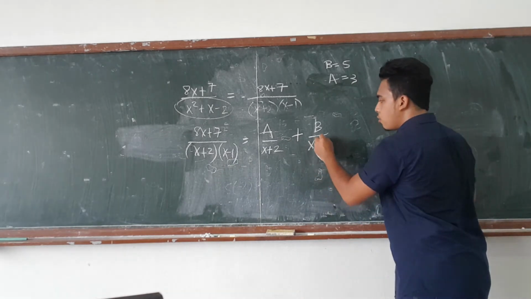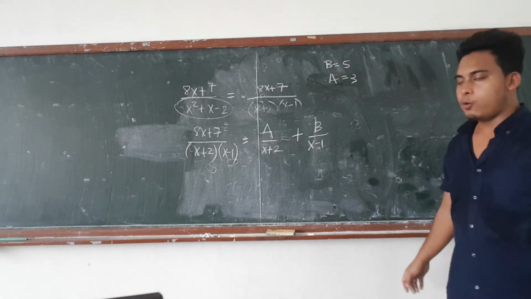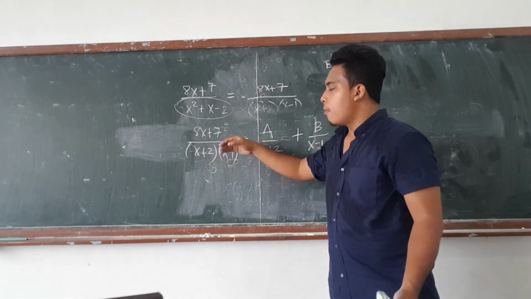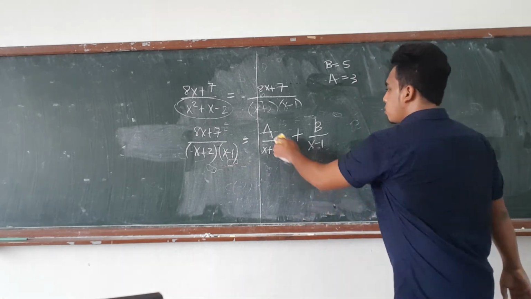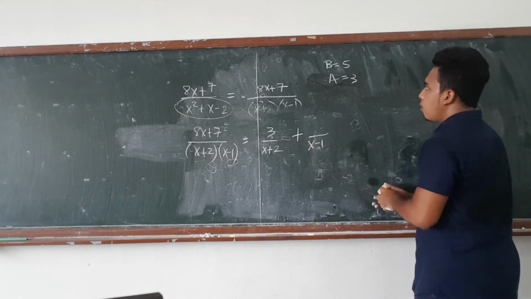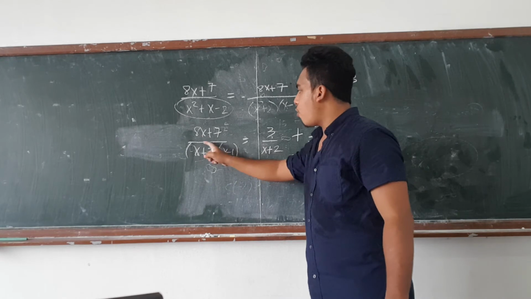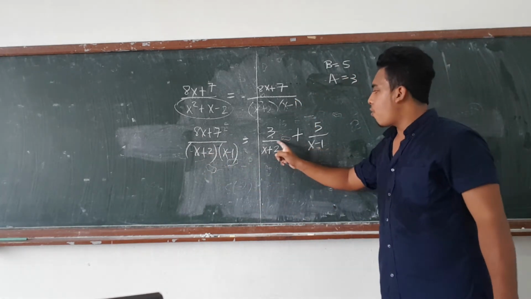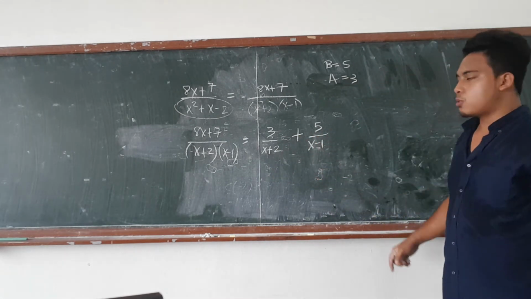Since we already have the value of a and b, we substitute them to see the simpler form of the earlier fraction. Okay? So a is equal to positive 3 and b is equal to positive 5. So 8x plus 7 over x plus 2 times x minus 1 is equal to 3 over x plus 2 plus 5 over x minus 1.